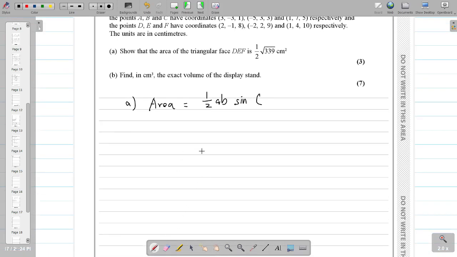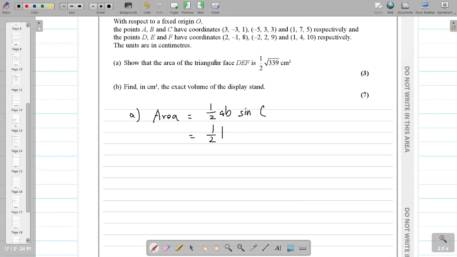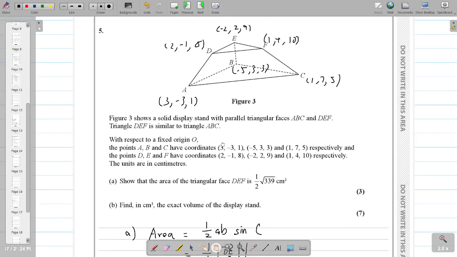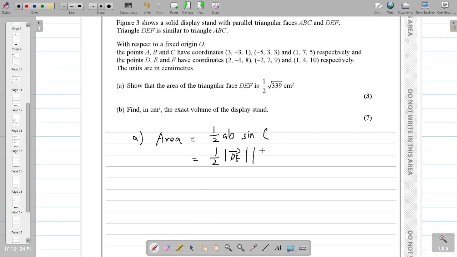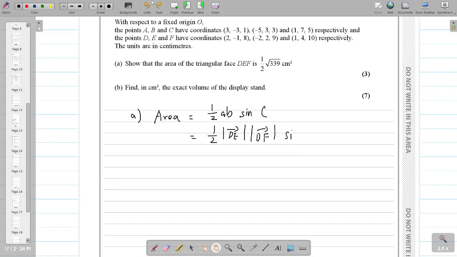So we can say that this is going to be equal to half the magnitude of vector DE, magnitude of vector DF, times the sine of the angle EDF. So essentially just the angle between DE and DF.